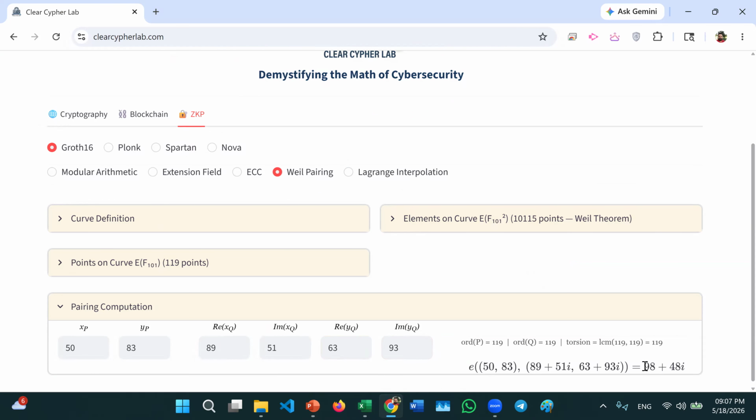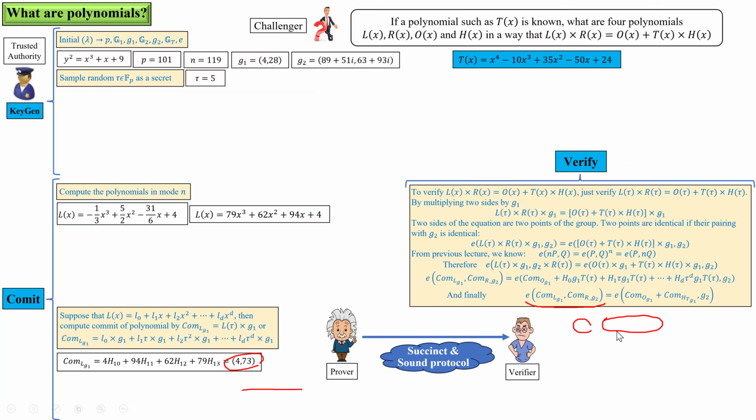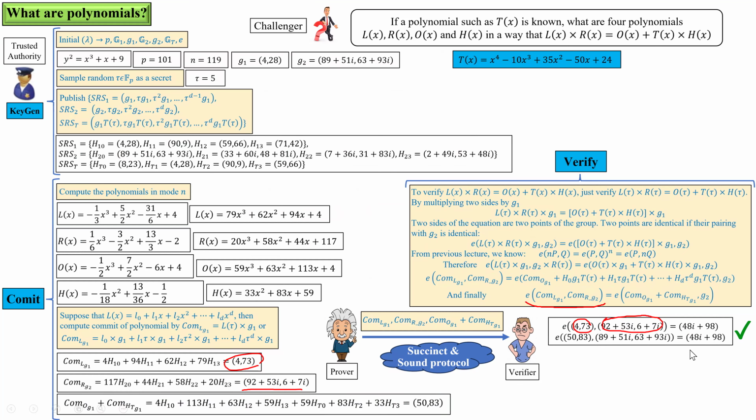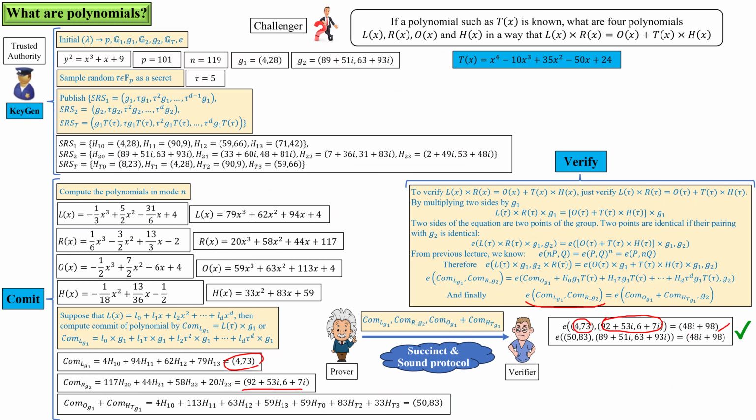The pairing equals 98 plus 48i. So now we see that the pairing of the left side and the pairing of the right side are equal to each other, and the verification test is passed. So the verifier is convinced that the prover really knows the polynomials.